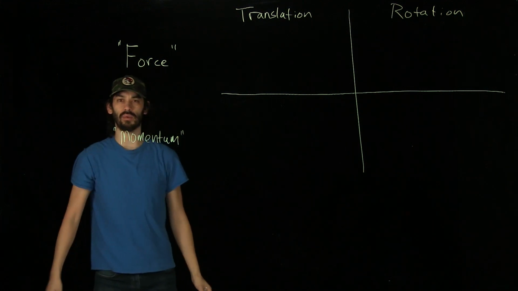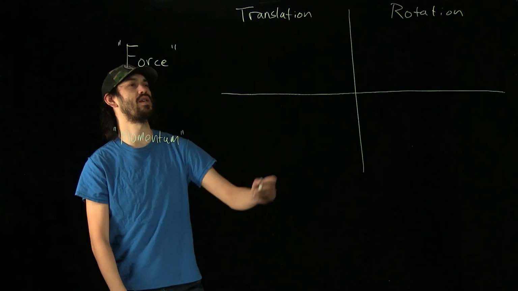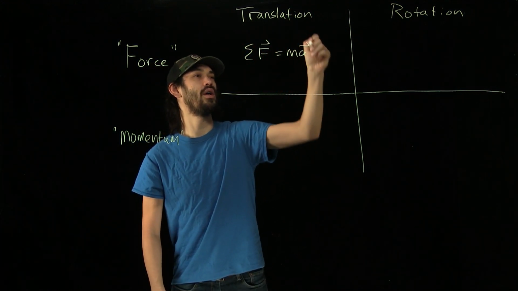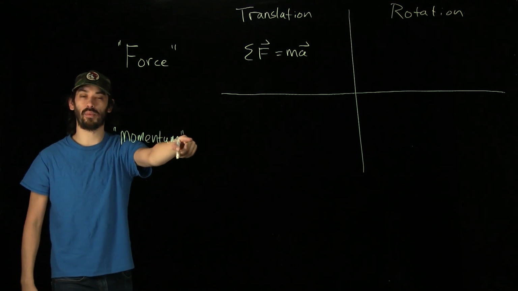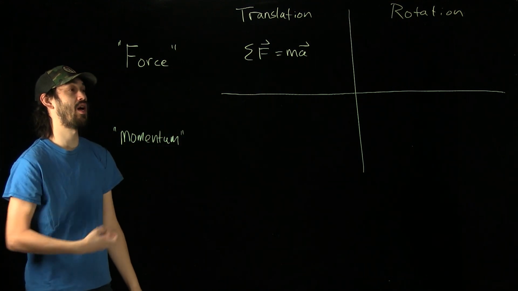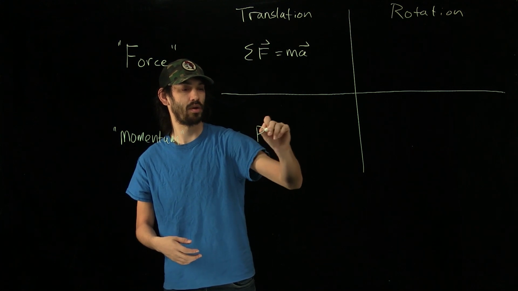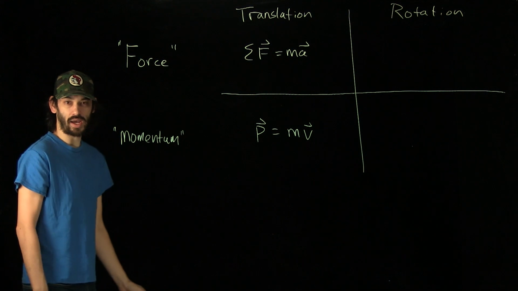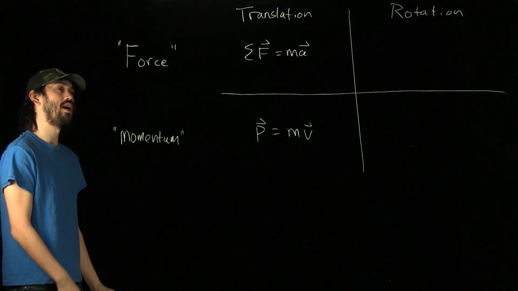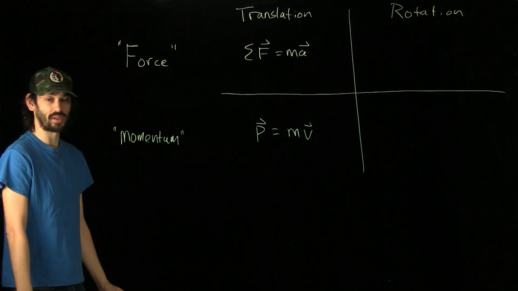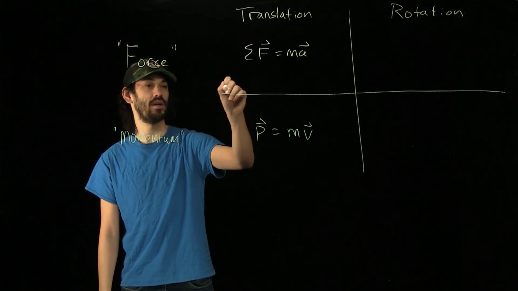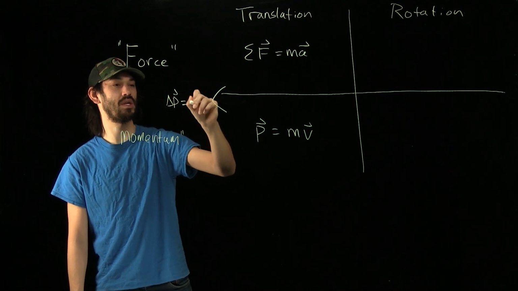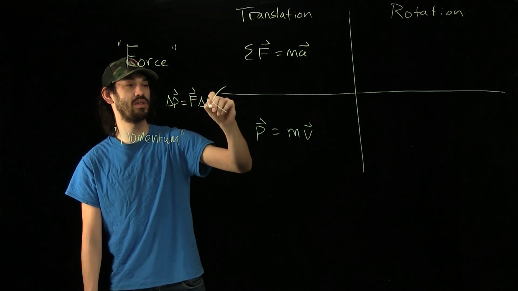So, at the very beginning, we had Newton's second law, and this said that the sum of the forces is equal to mass times acceleration. Now, we saw later when we talked about momentum that we could talk about the momentum of an object by saying that this momentum, which we call p vector, is going to be equal to the mass times the velocity vector, and that we could relate our equation for force to our equation for momentum by saying that the change in momentum, or delta p, is going to be equal to the force times some delta t.